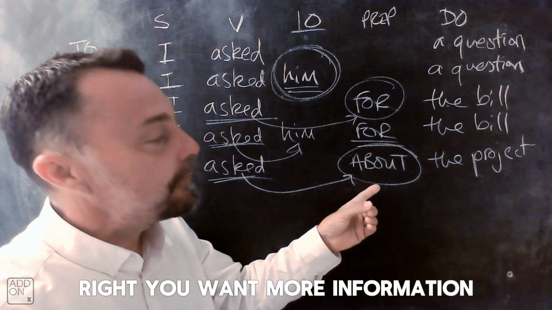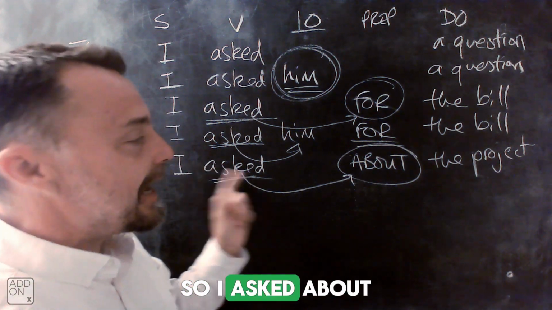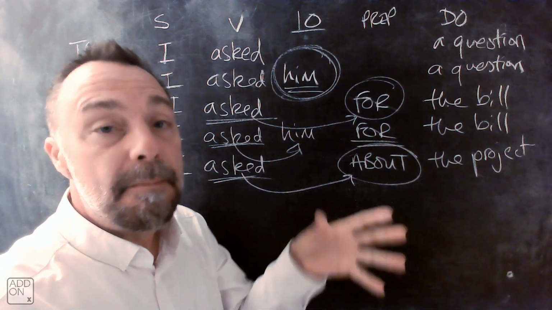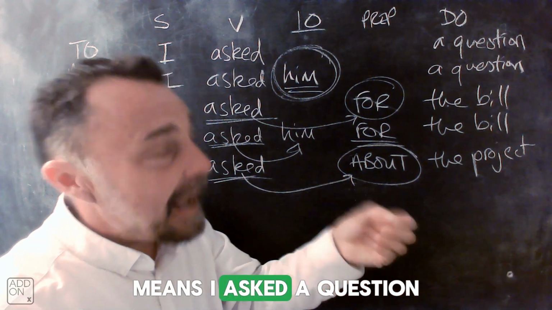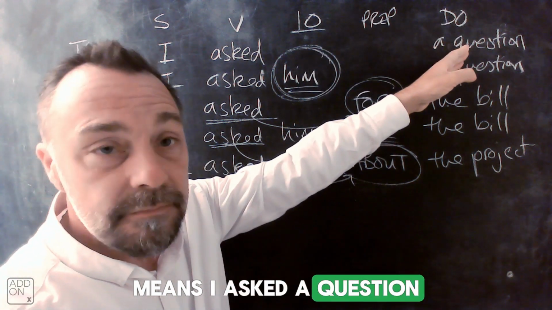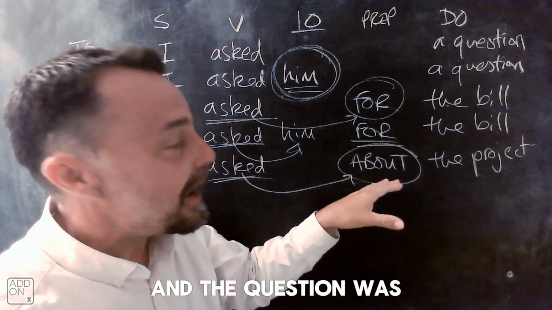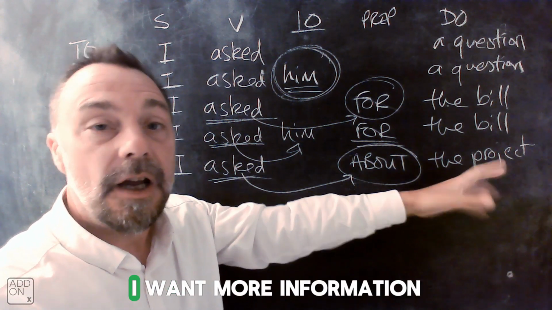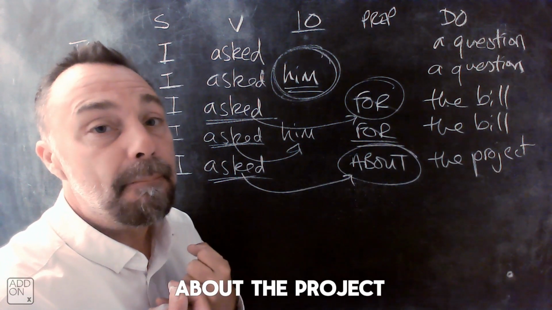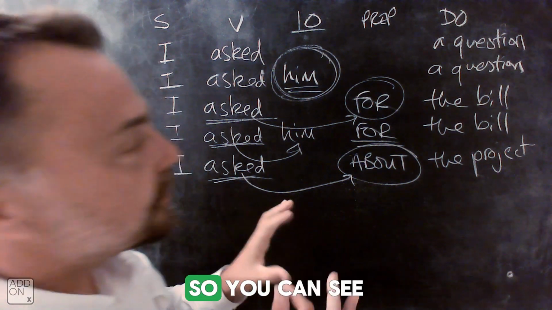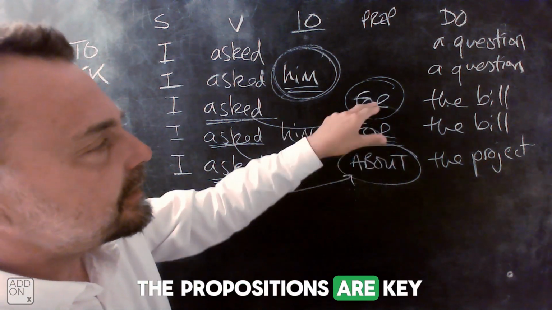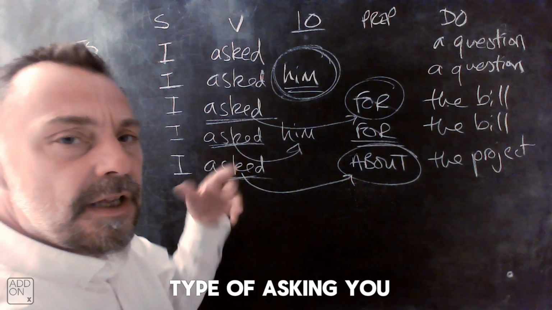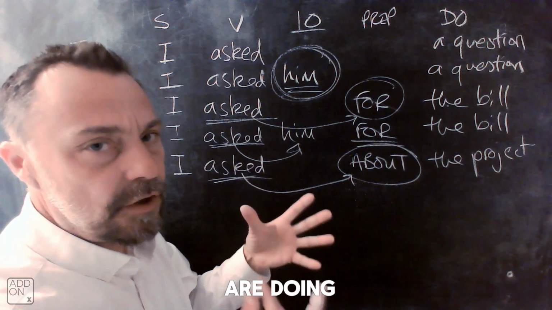So I asked about the project means I asked a question, and the question was regarding the project. I want more information about the project. So you can see the prepositions are key because they change the type of asking you are doing.